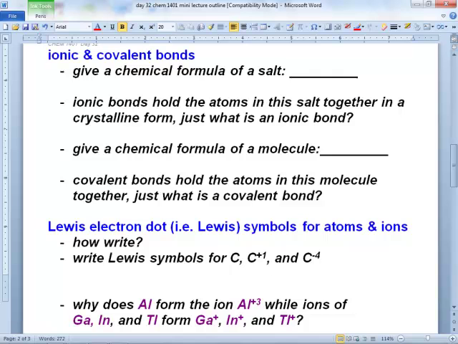Any cation, then any anion. Somebody help her out? NaCl. Okay. Not NaCl, though. That's too easy. But that works, because you said sodium, that's Na+, chloride, that's Cl-, so NaCl.